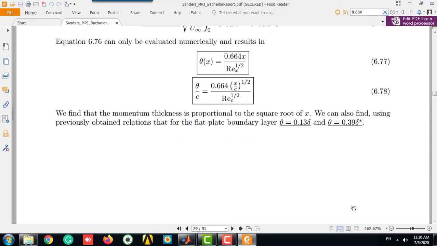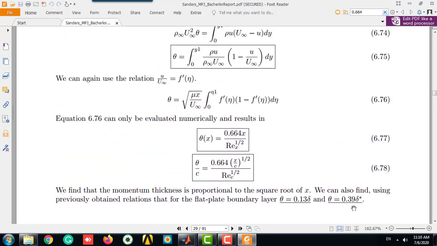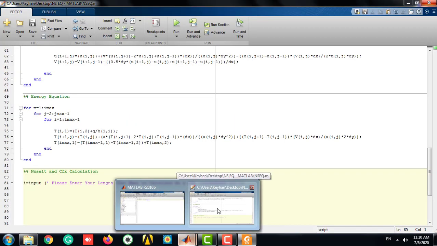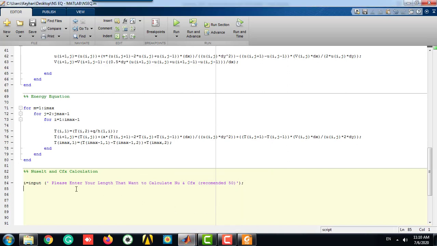Under the empirical equations, we have the numerical equations, which help us to understand how many percent of error we have. So we define a new Reynolds, and we write the CFX, empirical and the numerical. In the line after that, we define an empirical Nusselt number and the numerical Nusselt number.